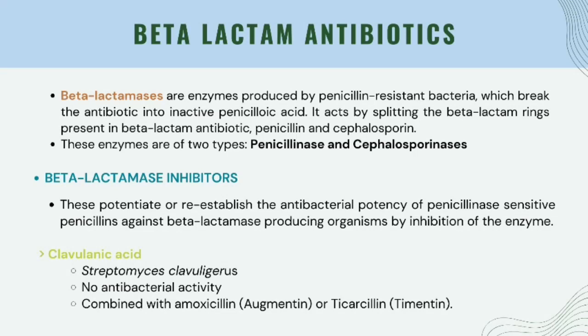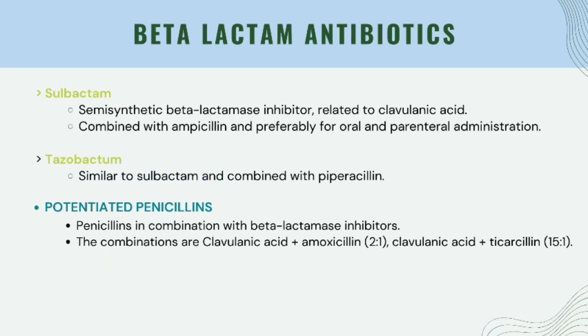Clavulanic acid, obtained from Streptomyces clavuligerus, has no antibacterial activity of its own. It is generally combined with amoxicillin or ticarcillin. Next is sulbactam. It is a semisynthetic beta-lactamase inhibitor related chemically and in activity to clavulanic acid. It is combined with ampicillin and is suitable for oral and parenteral administration.